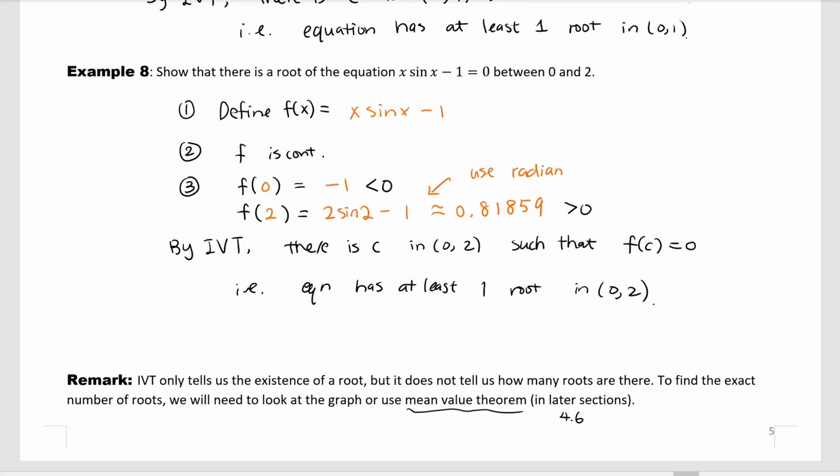Right now we're at 2.6. After we learn the mean value theorem, coupled with the intermediate value theorem, we can show that the equation has exactly one root, or we can know how many roots the equation has. Okay, everybody?